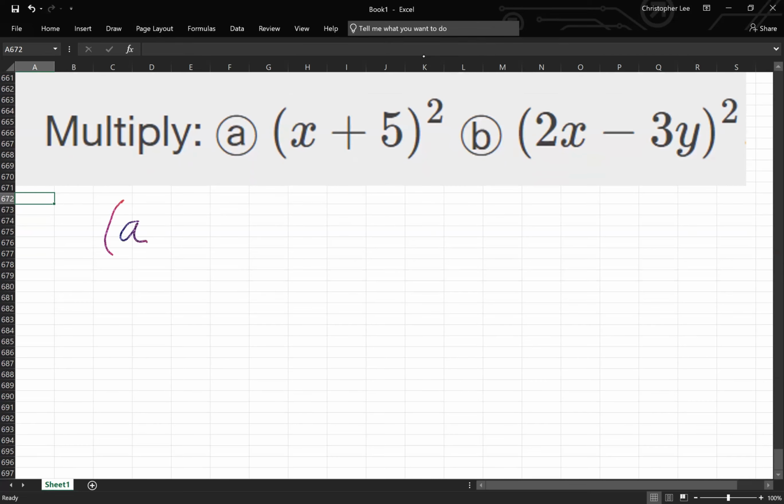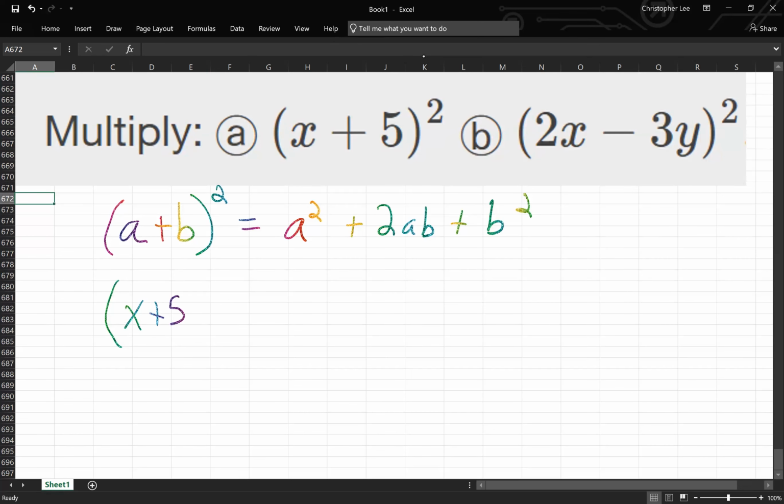I know that a plus b squared, right, is equal to a squared plus 2ab plus b squared, right? I want to know what is x plus 5 squared, right? So for a, what do I have?